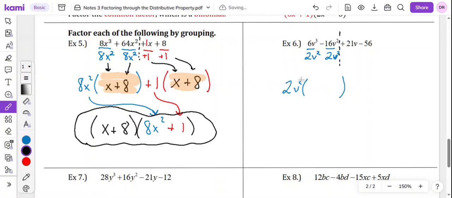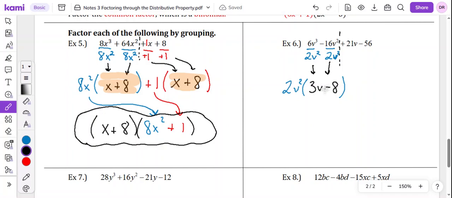In the first case, 6 divided by 2 is 3. v to the third, take away 2 v's, we still have a v remaining. At the end, we have negative 16 divided by 2, that's negative 8. We had v to the second, we took v to the second away, no more v remaining.